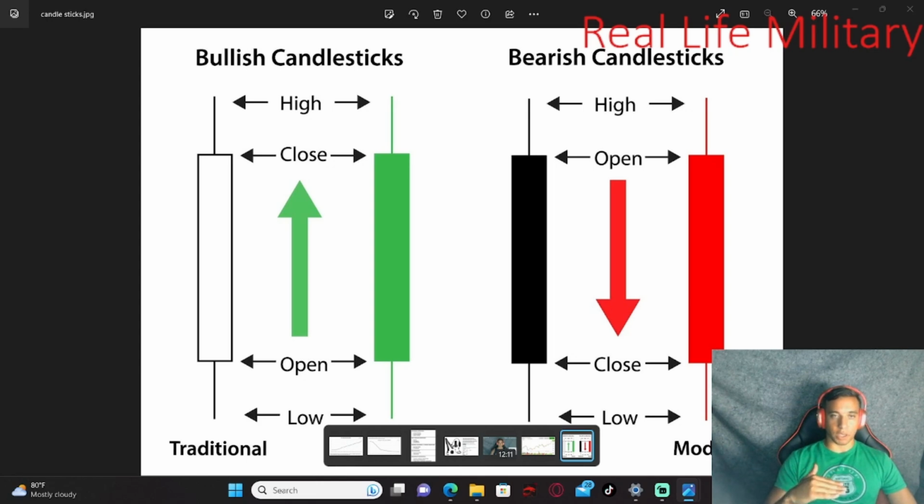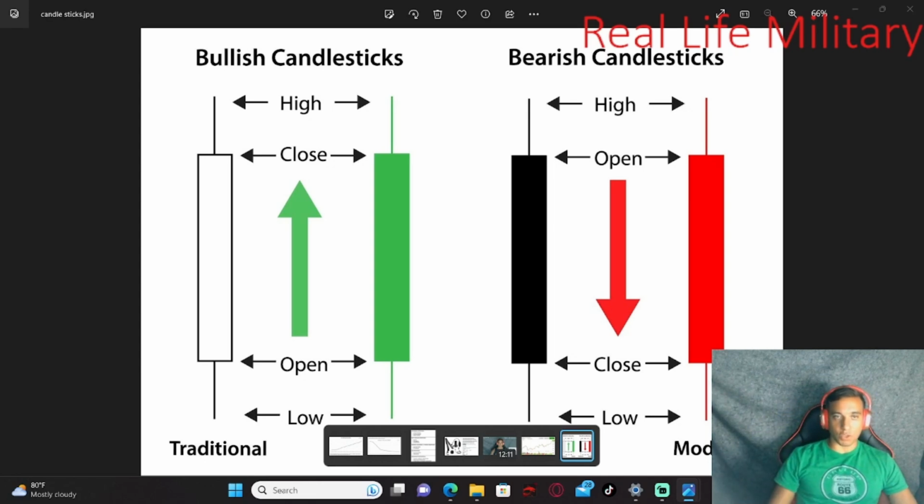It will go up all the way to the top of the wick where it says high, and then throughout the day it'll come down and break through that solid bar to the bottom wick where it says low. That's as low as it gets, and it'll come all the way up to make that bar green, and where that solid bar is at the top where it says close, that's where it closes for that interval.